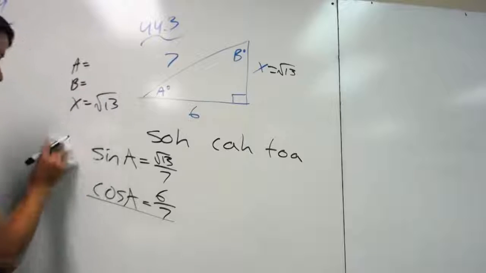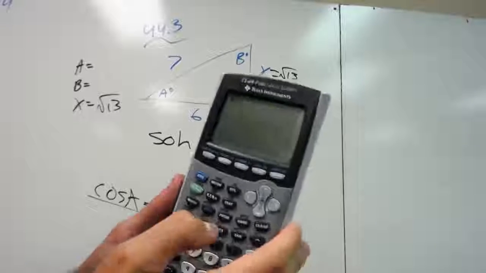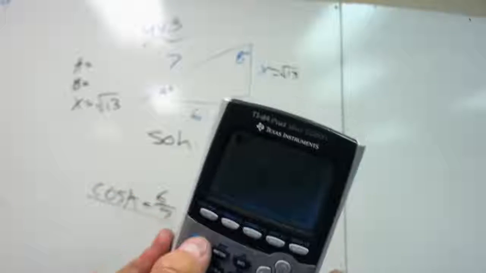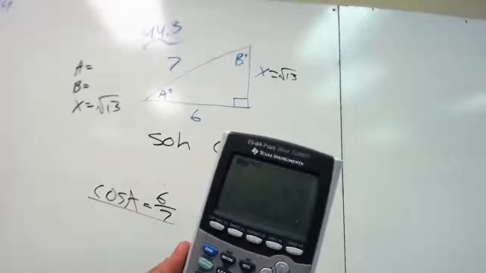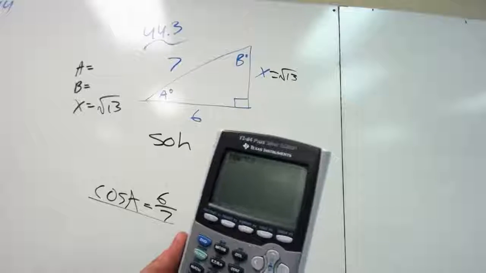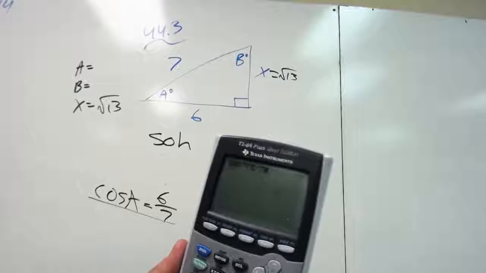So now from here, how do you solve? Well, once you have to this point, I'll show you in the calculator. What we can do is second cosine, 6 divided by 7, close parentheses.